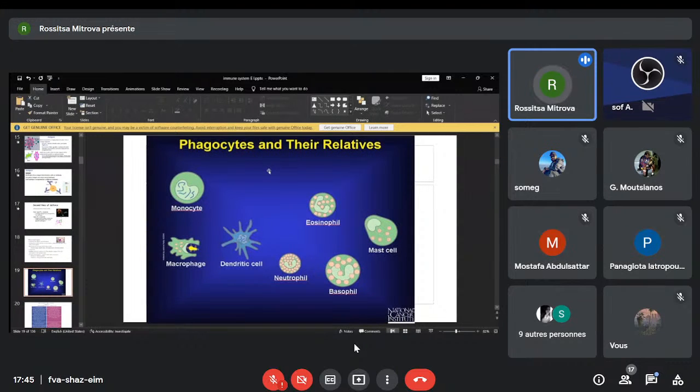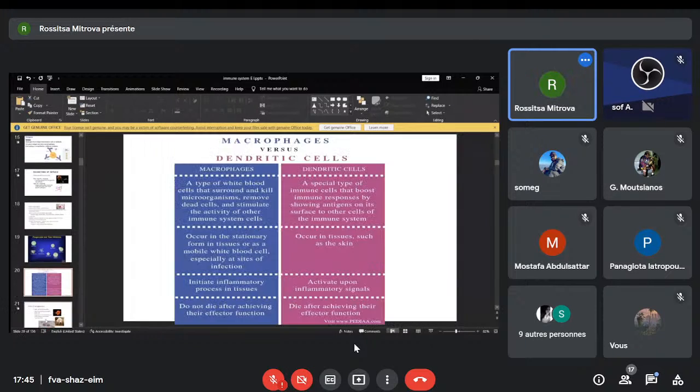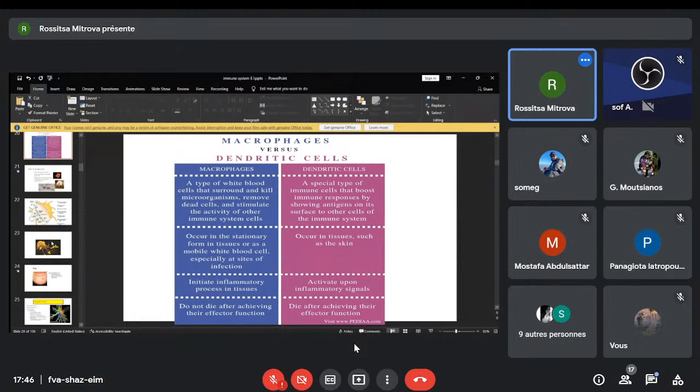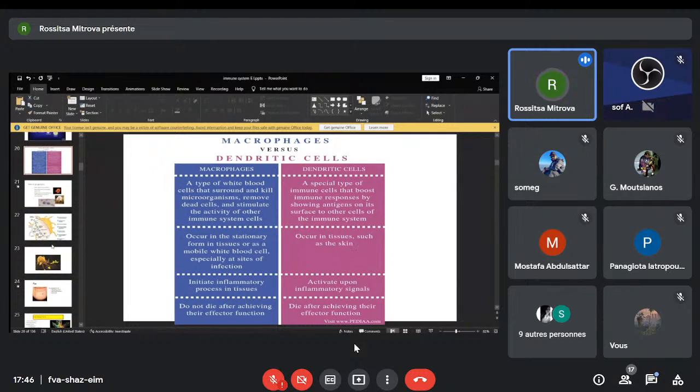Here are phagocytes and their relatives: monocytes, macrophage, dendritic cell, and all the white cells plus mast cell. I think I had a slide about dendritic cells, but I can't see it.